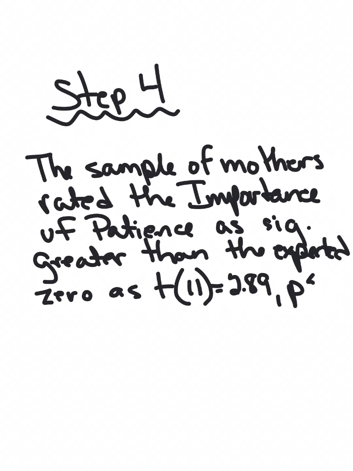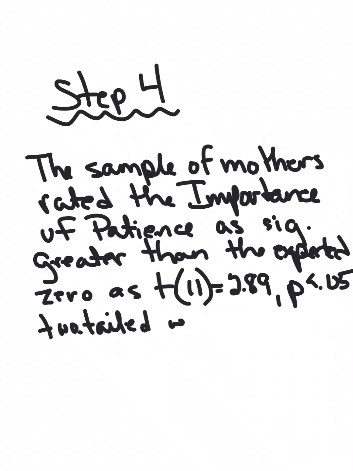P was less than 0.05, because remember, if it's out in the tails, it's less than the alpha. It was a two-tailed test. Even though it was two-tailed, if it is significant, I like to state which direction it went in, because it helps us make sense of things.